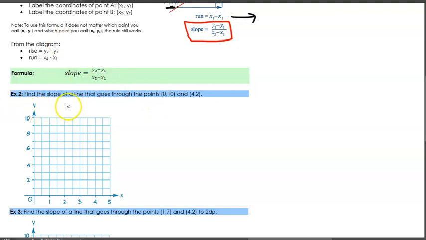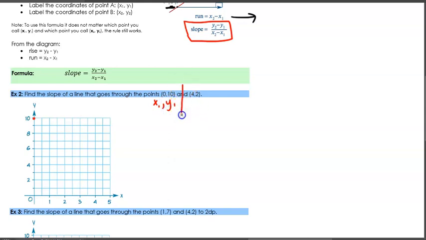So find the slope of the line that goes through the points (0, 10) and (4, 2). Okay, (0, 10). So when x is equal to 0, y is equal to 10. So when x is equal to 0, which is here, our y value is going to equal 10. So we're on the actual y-axis. So this right here is our x1, y1.